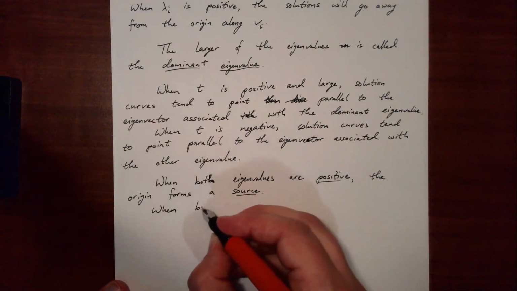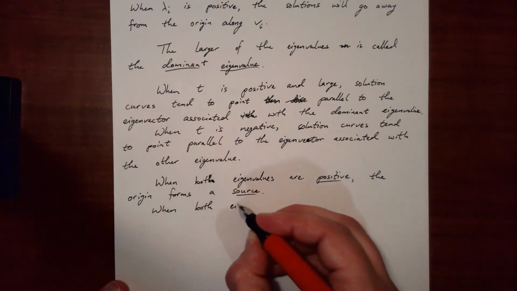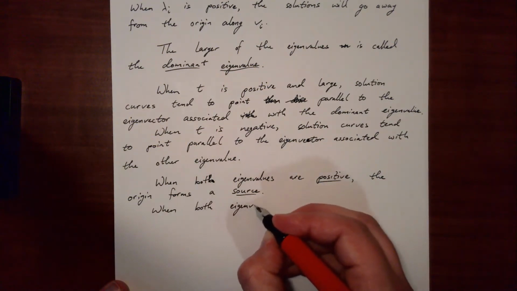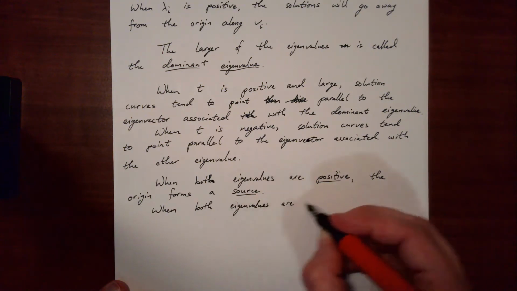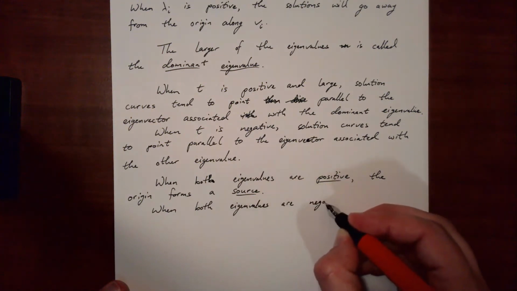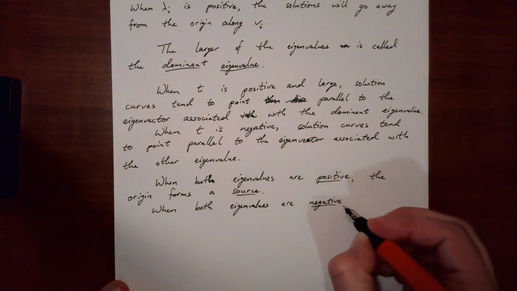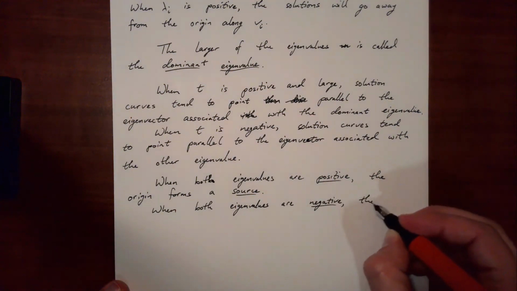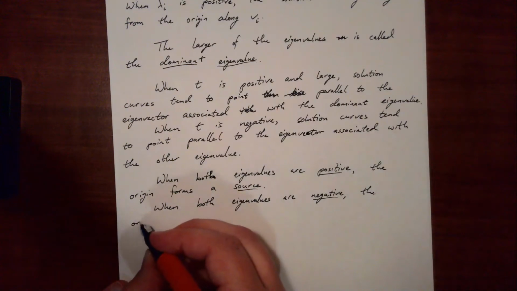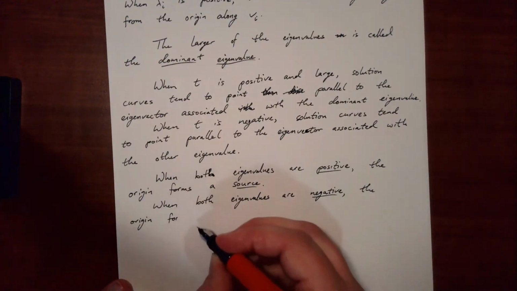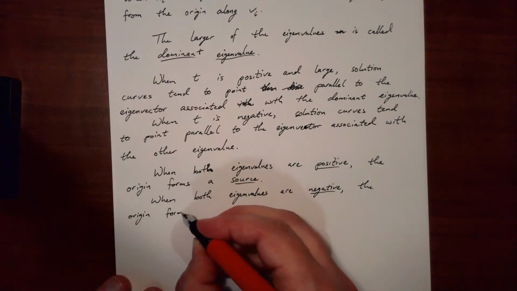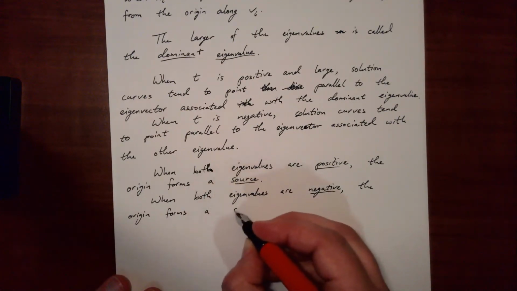When both eigenvalues are negative, the origin forms a sink.